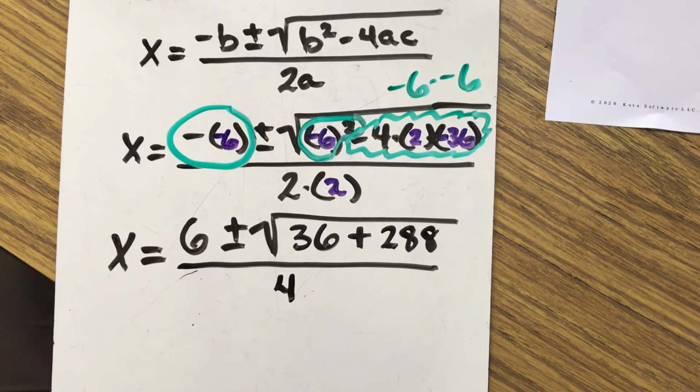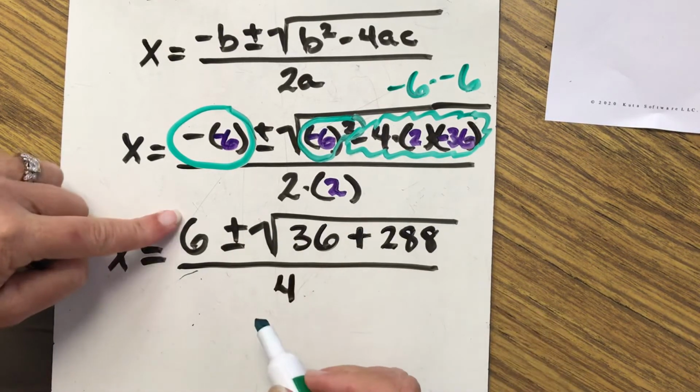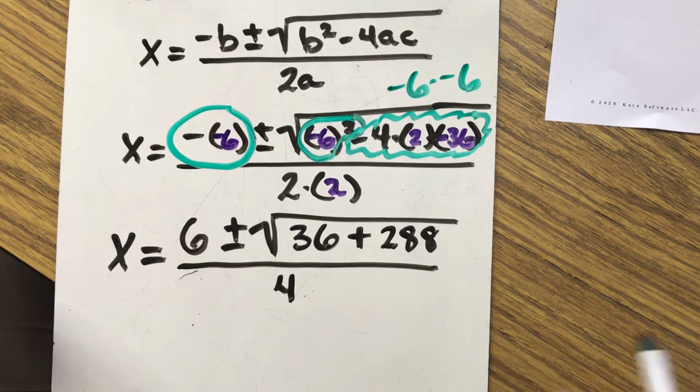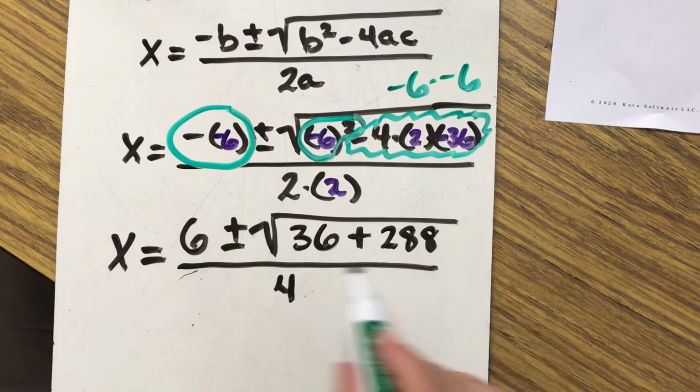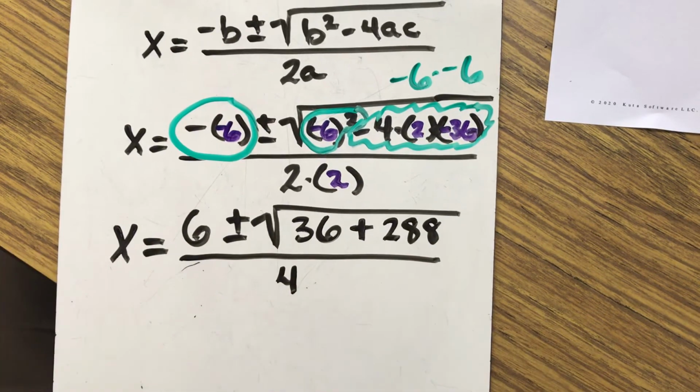Now really there's one area of focus at this point. We're going to really focus on this square root, because the 6 is what it is, the 4 is what it is. There's nothing we can do with them yet. Until we find out this radical section, we need to deal with this. So let's keep going. We need to add 36 plus 288.